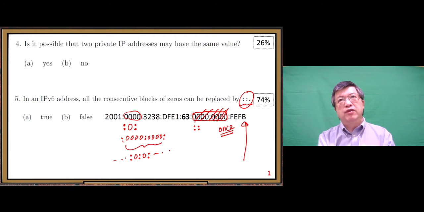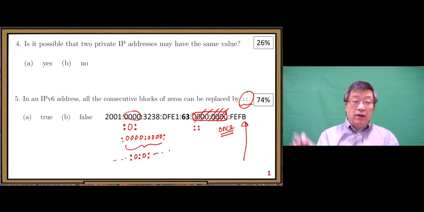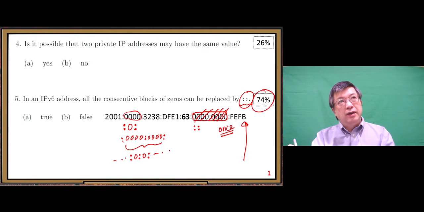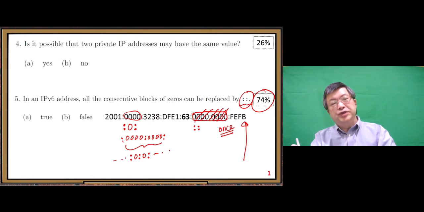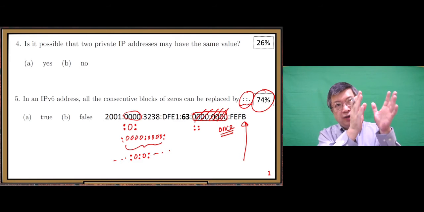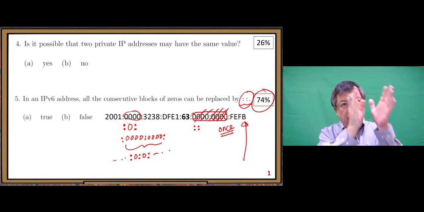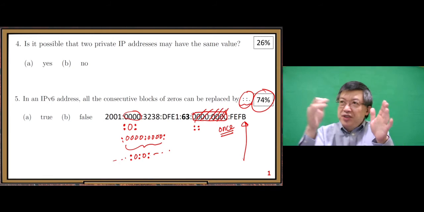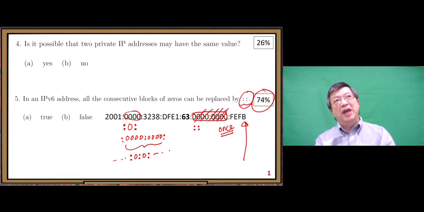So I just explained the rule. Those students may not go back to check the rules. So when you work on this question, if you go back to check the rule, find the right place, then try your best to understand the meaning, you should be able to get this question.